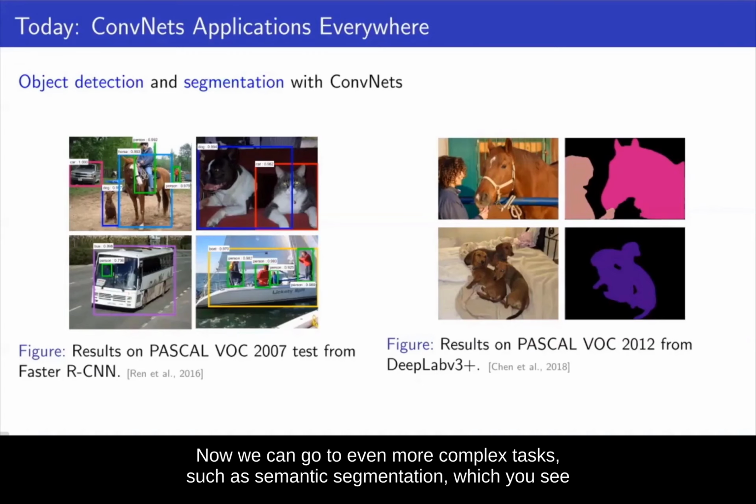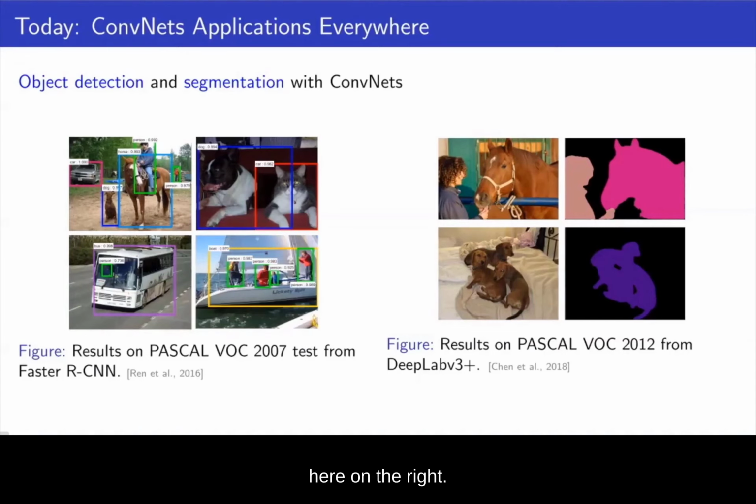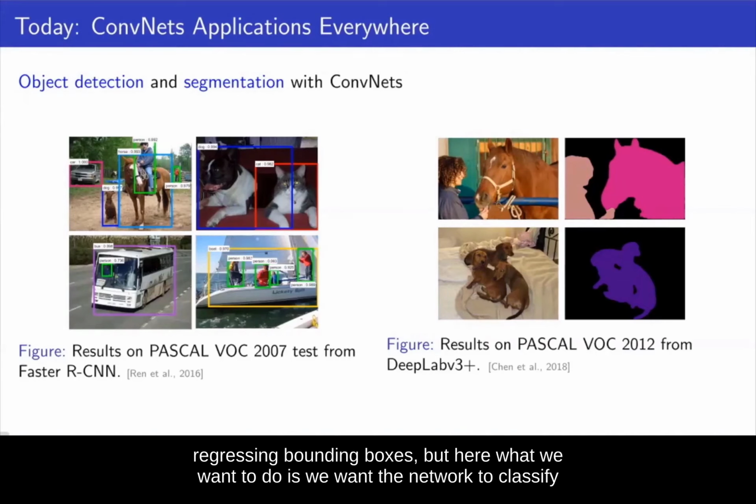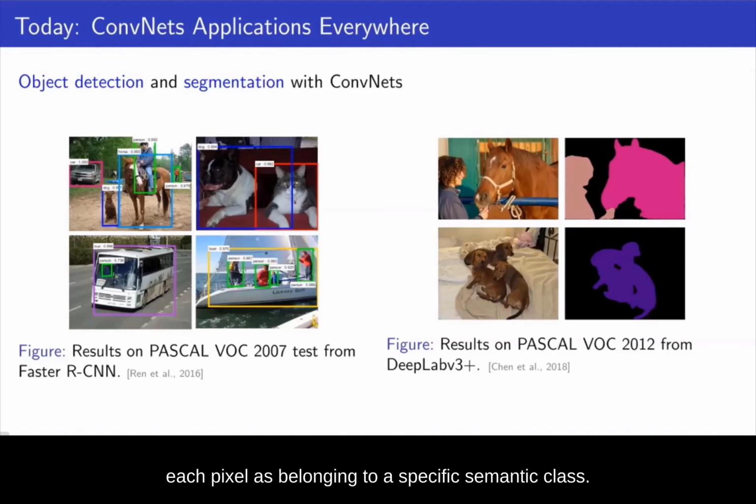Now we can go to even more complex tasks such as semantic segmentation, which you see here on the right. Semantic segmentation is a much richer task. Here we not only localize objects by regressing bounding boxes, but what we want is for the network to classify each pixel as belonging to a specific semantic class. So we also want to get this pixel-level information.